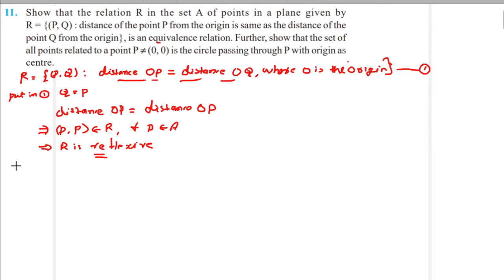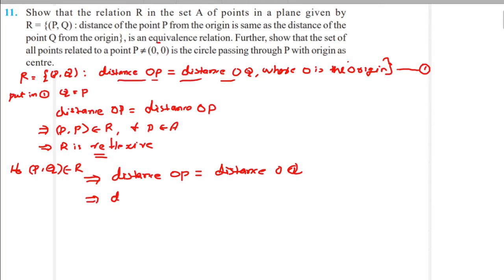Next we have to show symmetry. So symmetry: if (P, Q) belongs to R, this implies distance OP equal to distance OQ. This distance OP equal to distance OQ, you can write in which way?